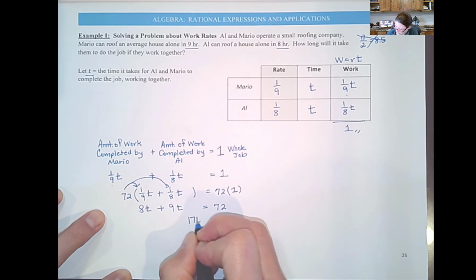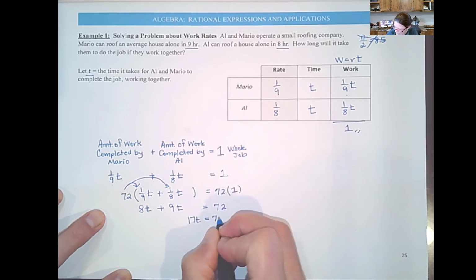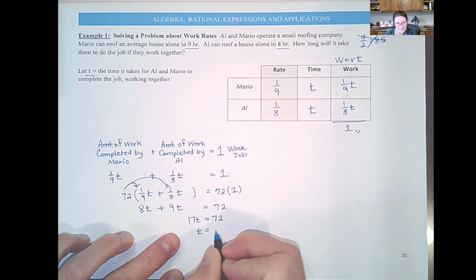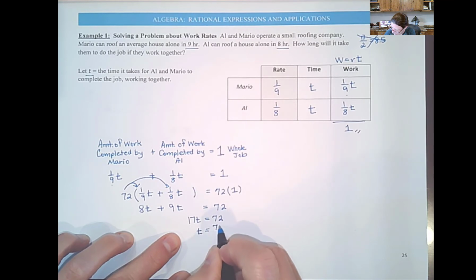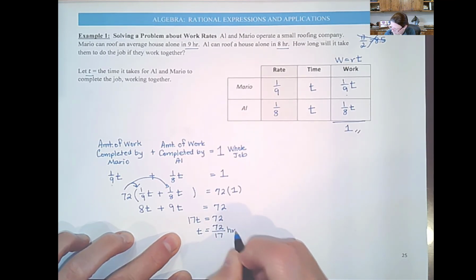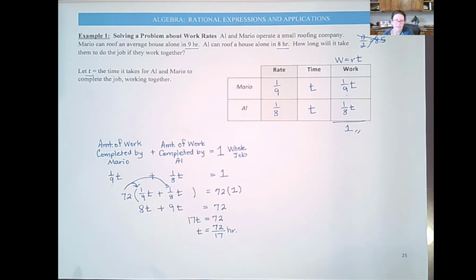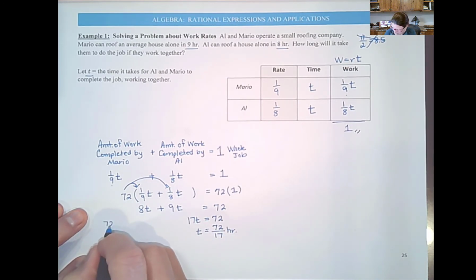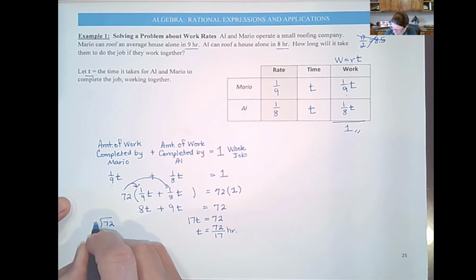Adding, 17T is 72, and then dividing by 17, we could say that T is 72/17 hours. Okay, this is a time in amount of hours, or you might want to divide 72 by 17 and write this as a mixed number.